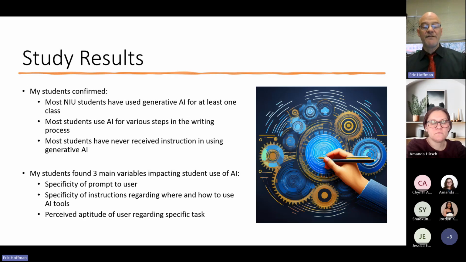Conversely, the students who felt very underprepared or very nervous or that they didn't know the answer were much more likely to use the tools in that drafting phase to replace their own work, which they regarded to be bad or underprepared.